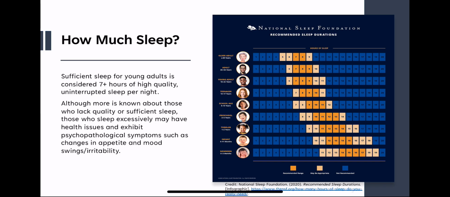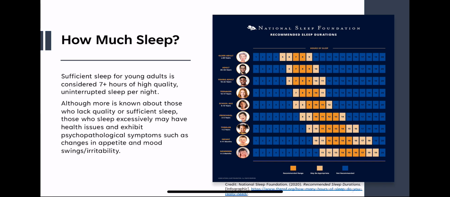But just make sure that these hours are also high in quality, uninterrupted, you're not tossing and turning for those hours, it's continuous. Some of the problems that people see if they don't get enough sleep, or just not good sleep, is that they'll have symptoms like change in appetite or mood swings.